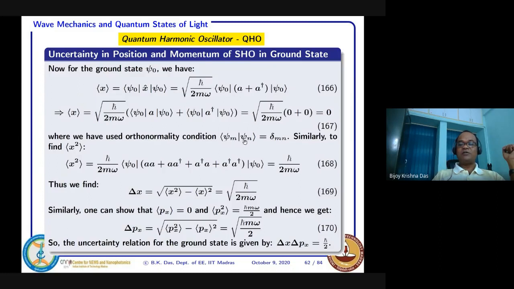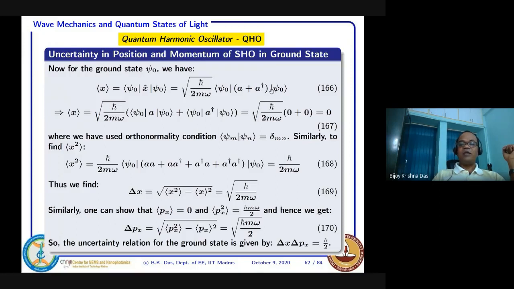You know that the eigenfunctions are orthonormal, so their inner product equals delta mn. Only when m equals n do you get 1. Otherwise, they are orthonormal, so it is 0.